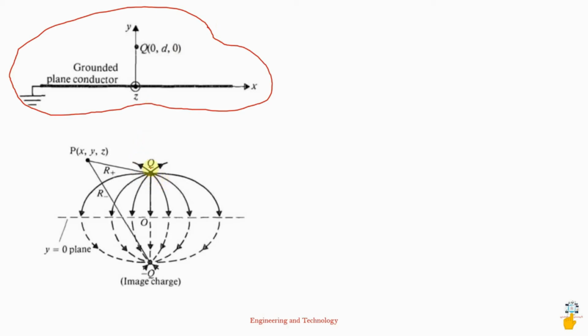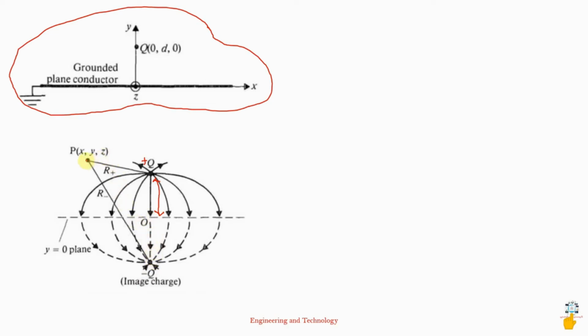We can replace this conducting plate with the negative or inverse of this charge. So if we have a positive charge here at a distance d, remove this conducting plate and put an opposite charge here, so minus q at the same distance.